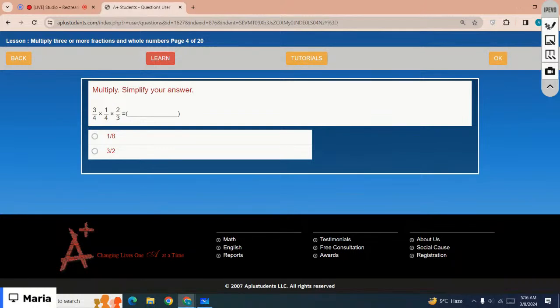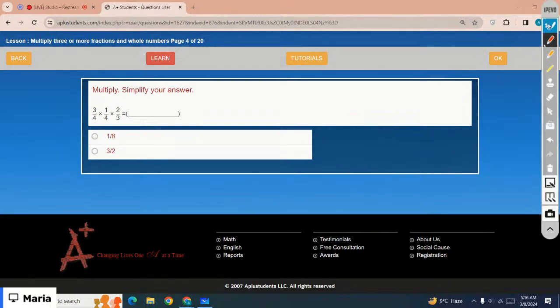Which is the correct option? Which answers are wrong? No, you have to multiply all the numerators and all the denominators.